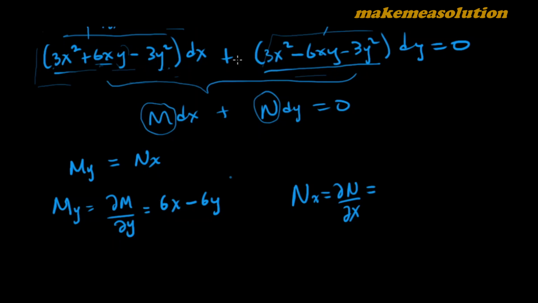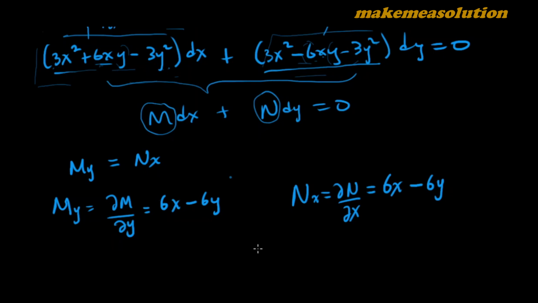So when you differentiate 3x squared, you get 6x, and when you differentiate minus 6xy, 6 is a constant, y is a constant, so differentiating x becomes 1. So what you now have is minus 6 times 1 times y, which is minus 6y, and when you differentiate 3y squared, it is 0, it cancels out.